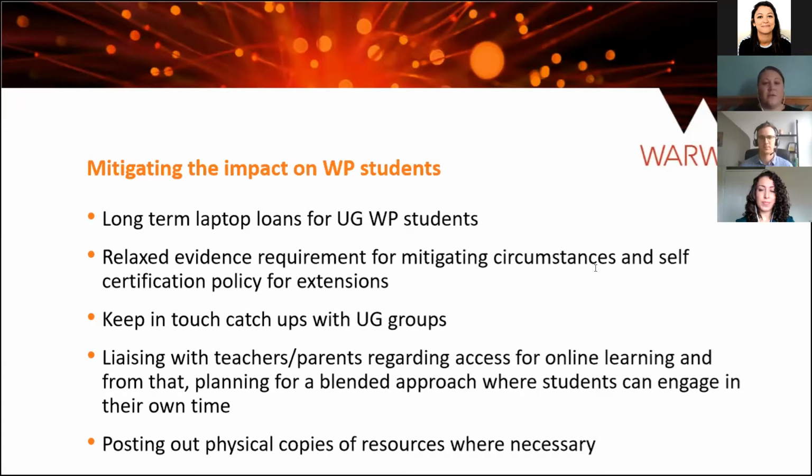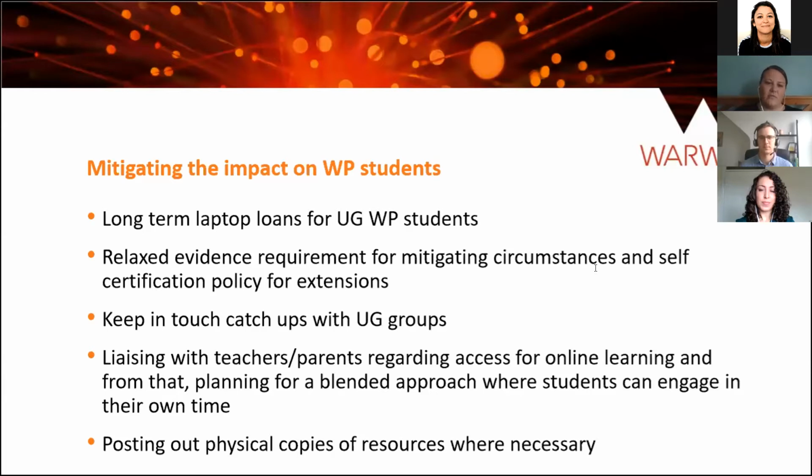The university itself has relaxed the evidence requirement for mitigating circumstances in terms of assessment and things like that, because we know that WP learners in particular are likely to have more situations that mean they can't engage with the online assessments and online learning, but also they're not easily evidenced.